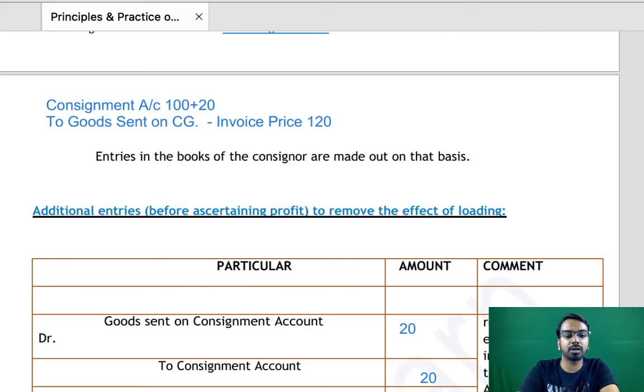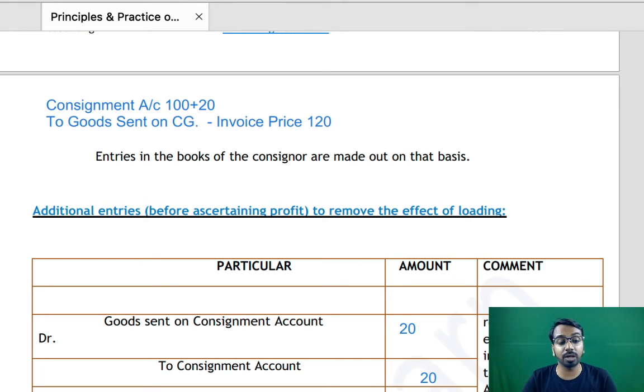So, cost of those 10% is 10, profit margin is 2, total value inventory at invoice price is 12, right? Now, you will create this inventory at 12, but parallelly this 2 will be reversed or it will be debited back to consignment account and it will be credited to something called as inventory reserve account.